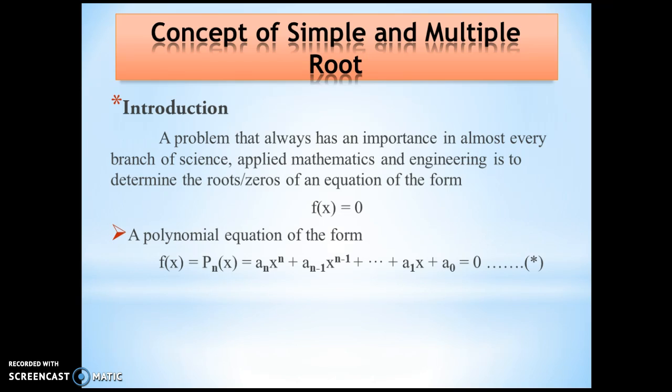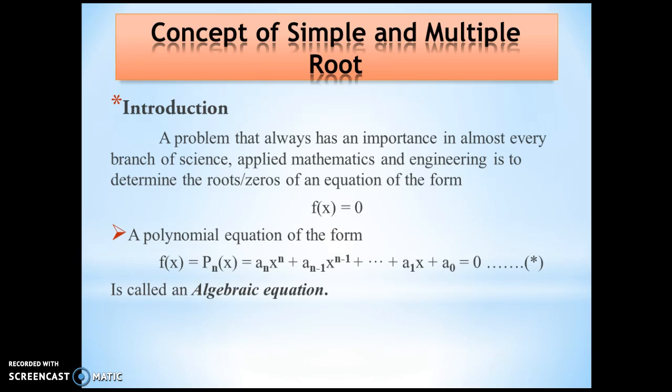A polynomial equation of the form f(x) = Pn(x) = an x^n + a(n-1) x^(n-1) + ... + a1 x + a0 = 0 is called an algebraic equation.